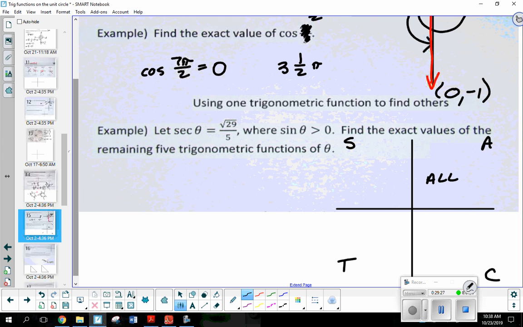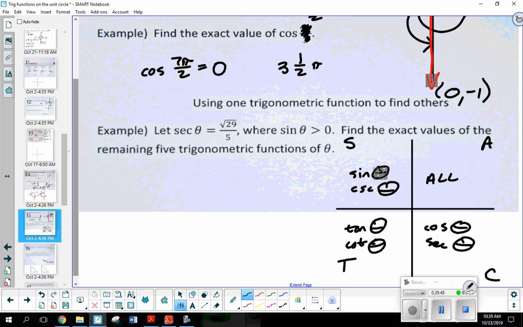What about the second quadrant? What was that S for? Sine and cosecant. What about the T? Tangent and cotangent. And the C, cosine and secant. So these are the quadrants where these trig functions will be positive. This is also useful because if you know where they're positive, you're also going to know where they're negative.